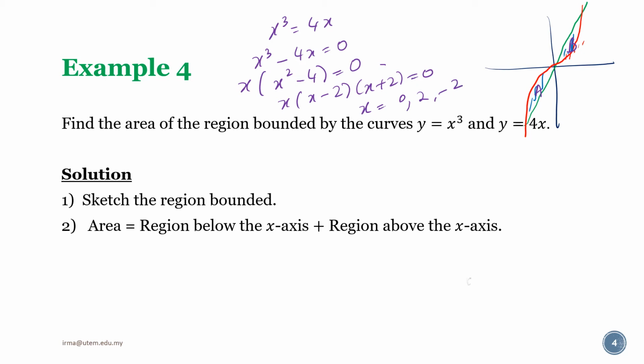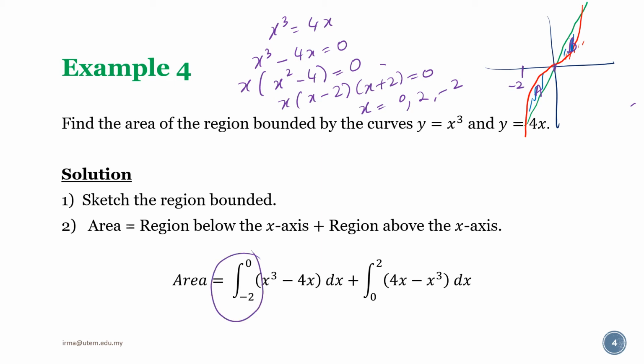Okay, so you look at here. For part A, we'll have from negative 2 to 0, and the function will be x cubed minus 4x, because the red curve, which is x cubed, will be larger than the green line.